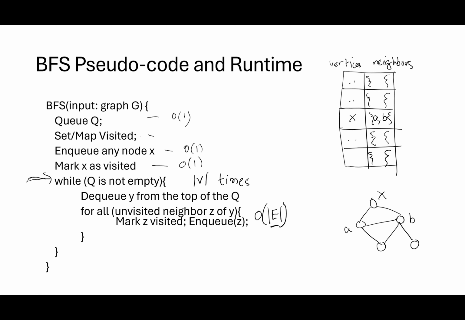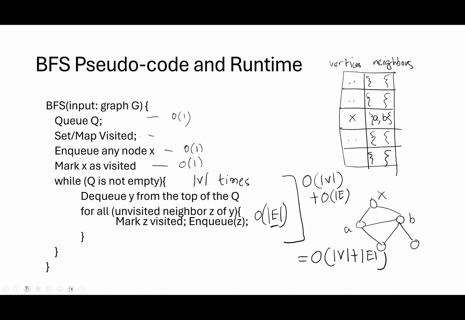So the total amount of work in this while loop is order of v plus order of e. Or we can say the time complexity of the algorithm is order of v plus e. So that is the time complexity of the BFS algorithm for a generic graph.